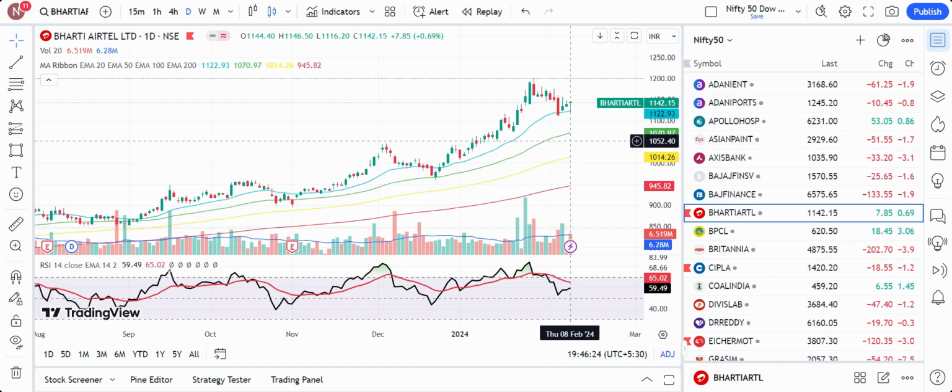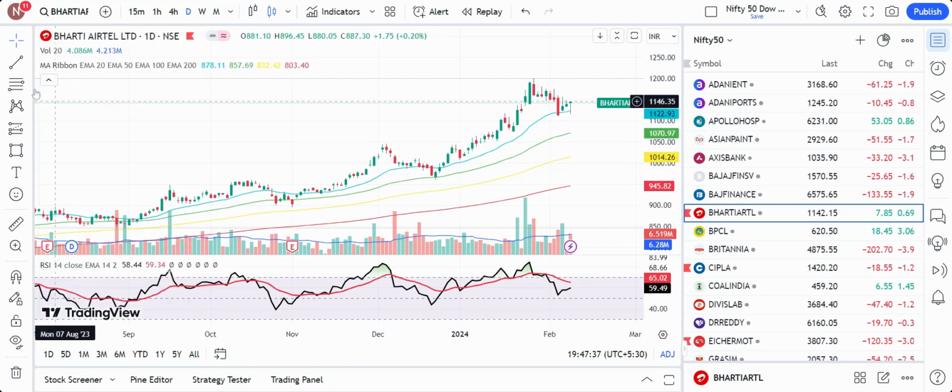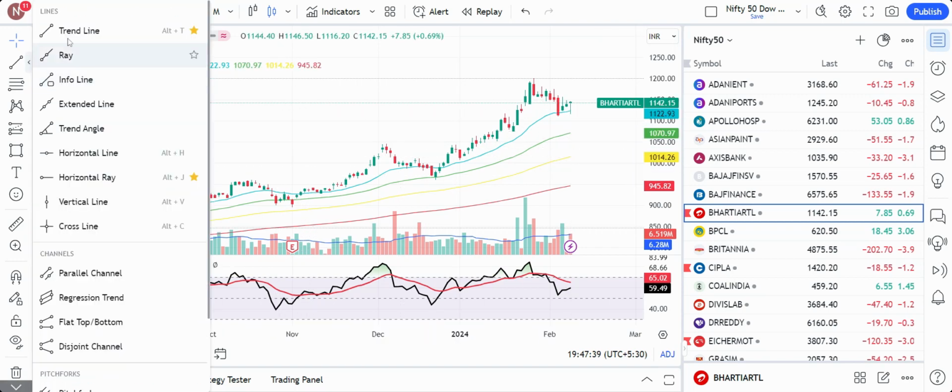You can basically put a trade for say 1147 rupees. So we can mark our entry here.